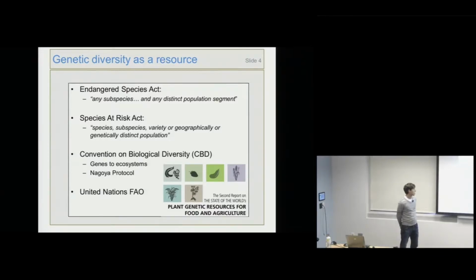The U.S. is not among those, but the CBD recognizes that genes, species, and ecosystems are the 3 fundamental levels of biodiversity. The United Nations Food and Agriculture Organization is also interested in monitoring how these genetic resources might change over time.